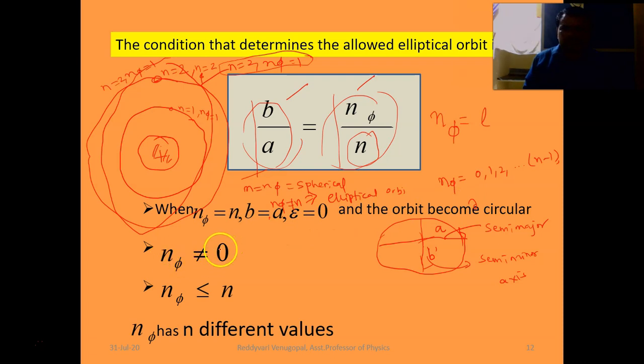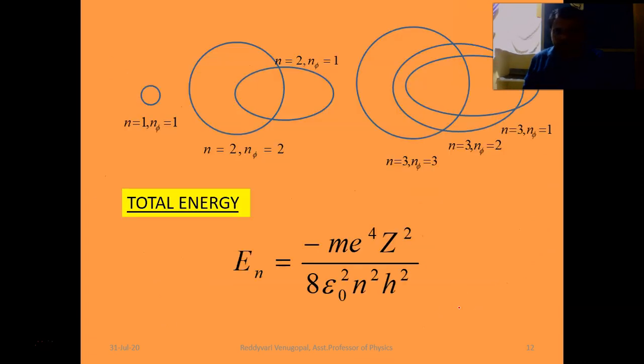But when n phi is not equal to n, n phi is less than n, n phi has different values, and depending on the different values, the orbit shape will be modified like this. Just observe this orbital. For this one, n is equal to 1 and n phi is equal to 1. This is the circular orbital.